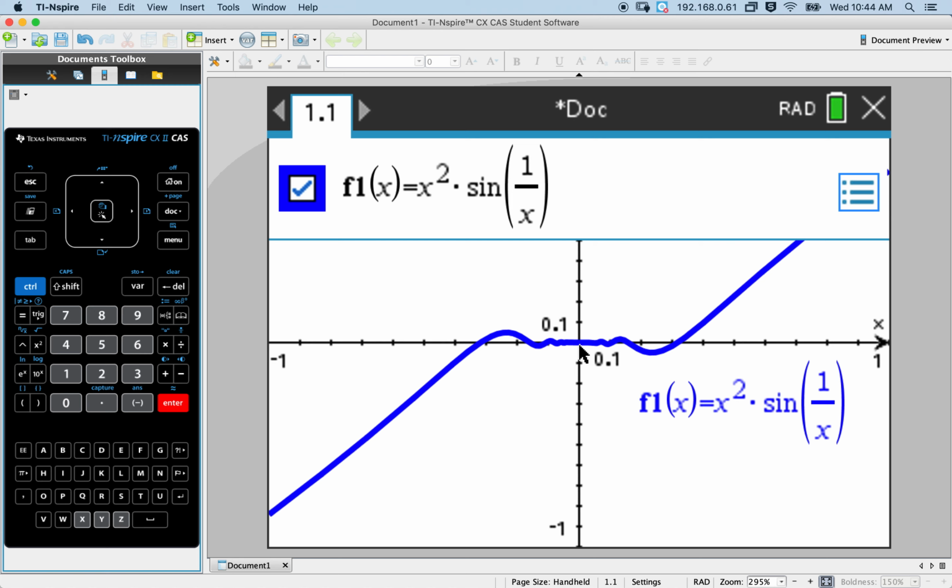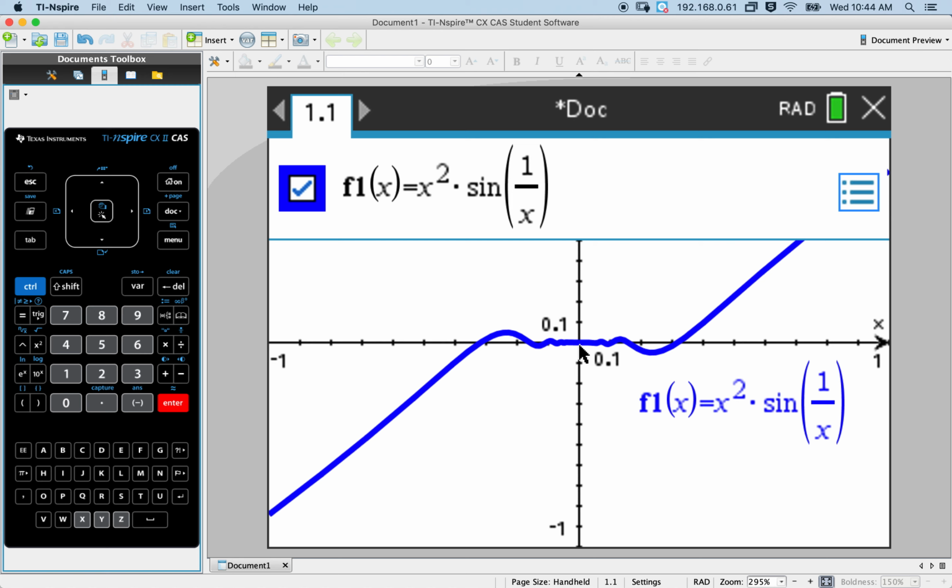And then I'm going to do negative x squared, and that's going to make my lower boundary. So I might zoom out a little bit just to make sure that this really does work.